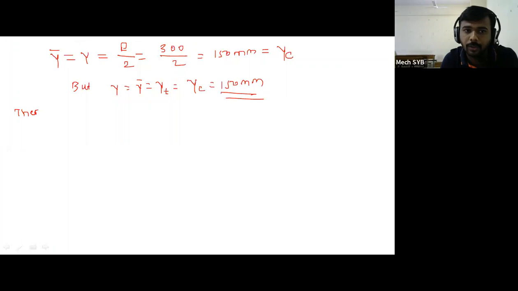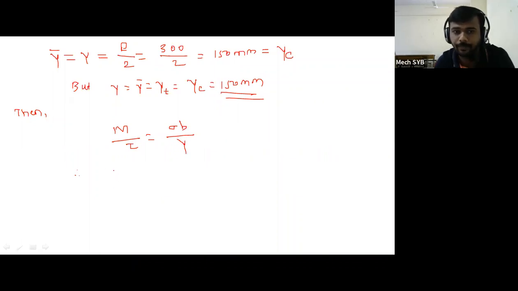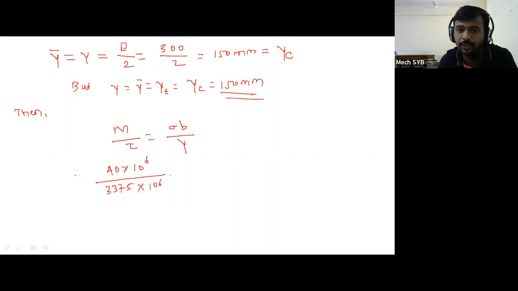So put our formula, that is M upon I is equal to sigma b upon y. So M we have calculated how much? 40 into 10 raised to 6 divided by 337.5 into 10 raised to 6 is equal to sigma b divided by 150.